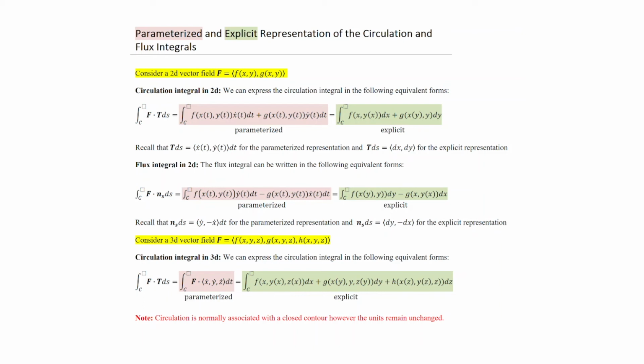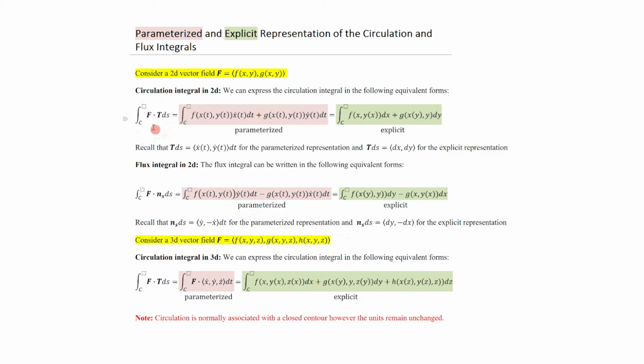So if we deal with the circulation integral in 2D, we can express the circulation integral in the following equivalent forms. Notice here I'm making no reference to whether it's partial circulation or full circulation. It's a general statement. Here, for instance, this would be considered a partial circulation because it's not closed, but still it has units of circulation.